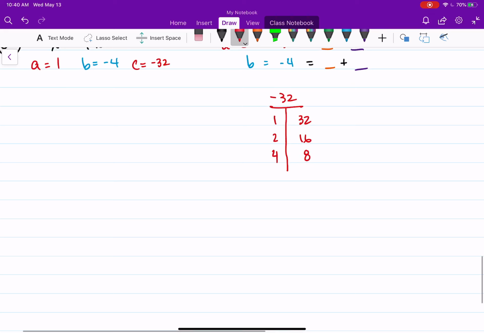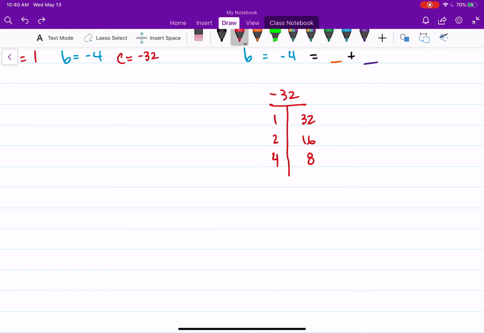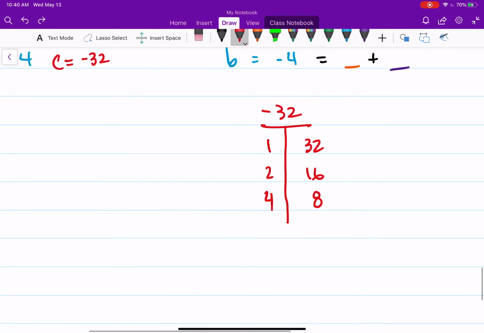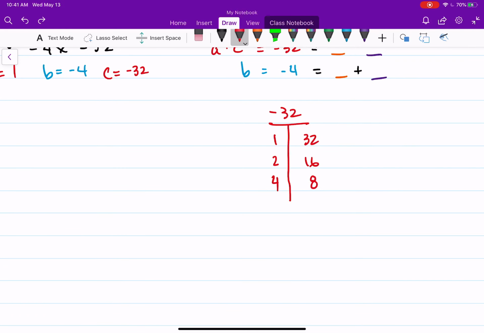Again, you can do this in your calculator: 32 divided by 1, 32 divided by 2, 32 divided by 3, 32 divided by 4, 32 divided by 5, 32 divided by 6, until you come back to these numbers here, then you can stop. So those are it. But if I want to add these 2 numbers to give negative 4, that means the larger number has to be negative.